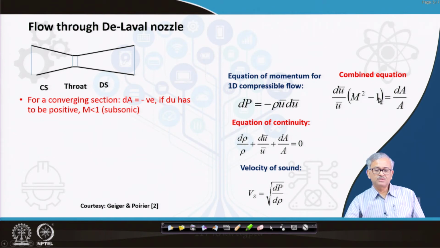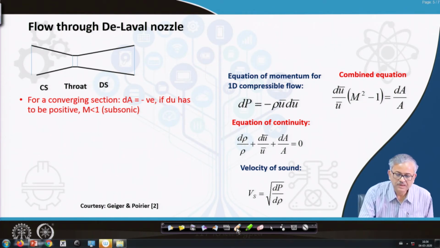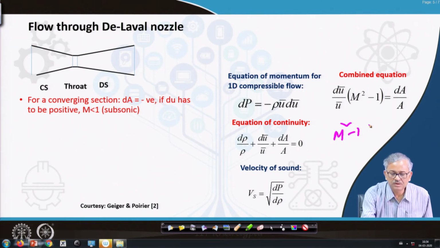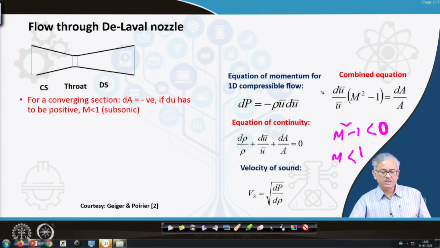So if M square minus 1 is negative, then M square should be less than 1, so M should be less than 1. So since dA is negative and you want the gas to accelerate, that is du should be positive, M has to be less than 1.